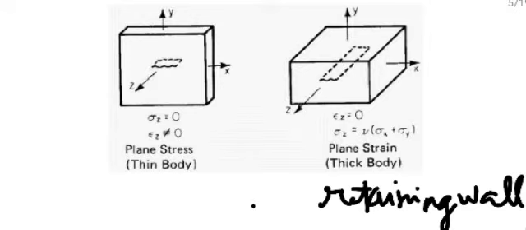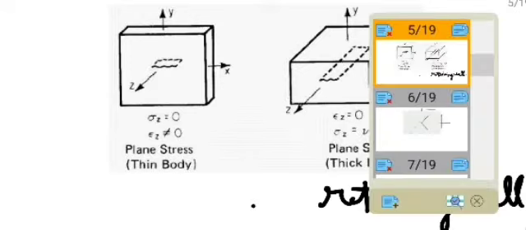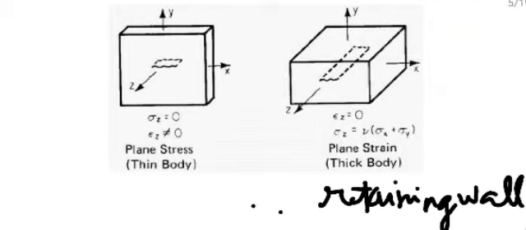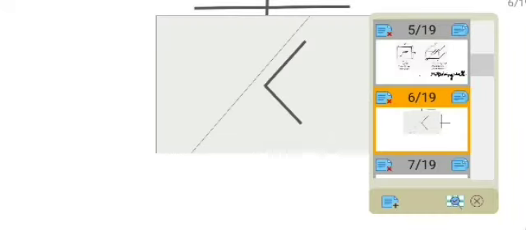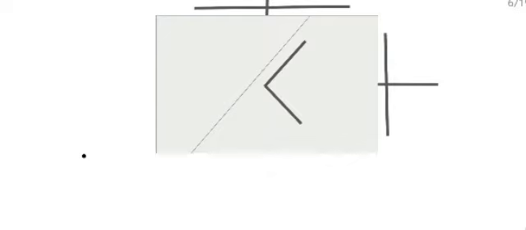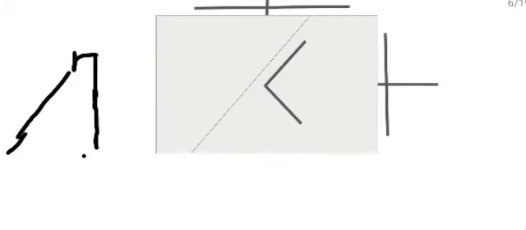Next we will move on to complex stress and strain. That is, if we are talking about this gravity wall itself, I mean a gravity dam. This is usually how we express gravity dams and all.